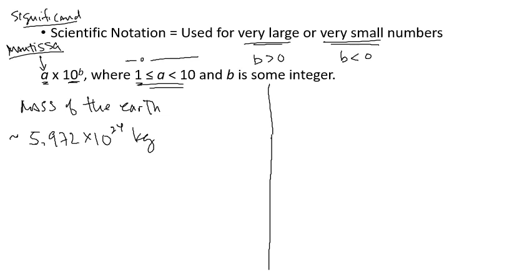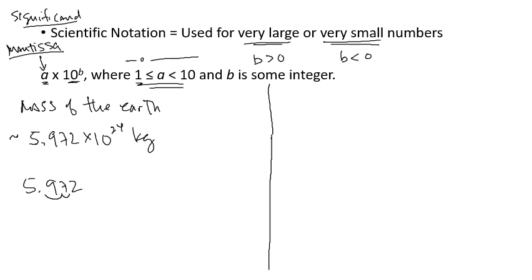Well, this 10 to the 24th is going to tell us this order of magnitude. And so one way to think about this is this 5.972. If it were times 10 to the first, then we would just multiply it by 10, which would move this decimal place one spot to the right. If it were times 10 to the second, then we would multiply the 5.972 by 100, and it would move 2 places.